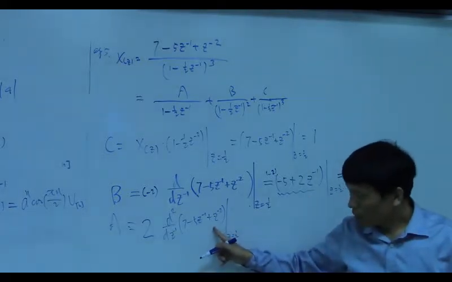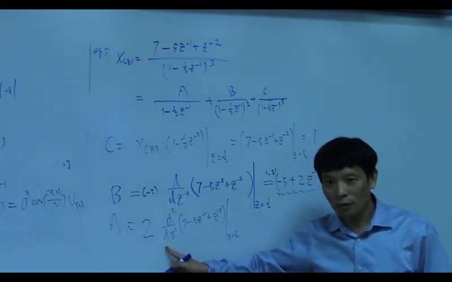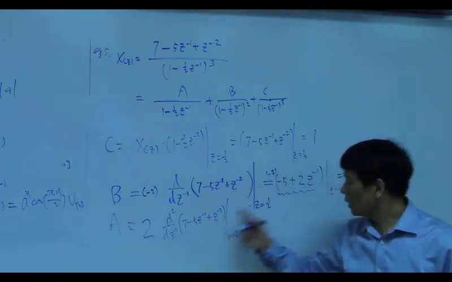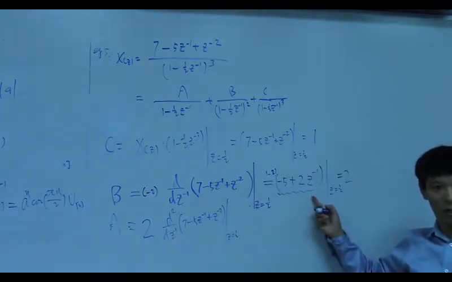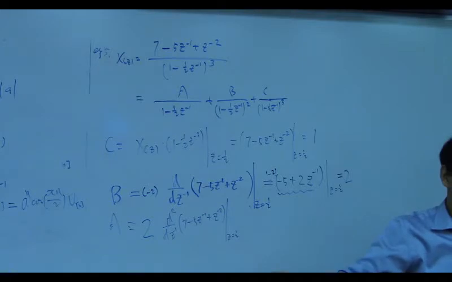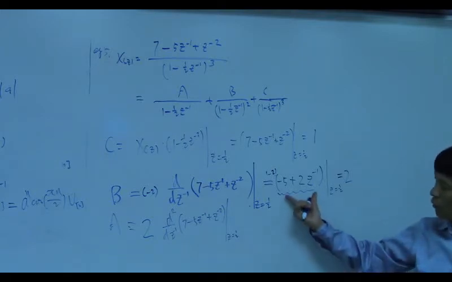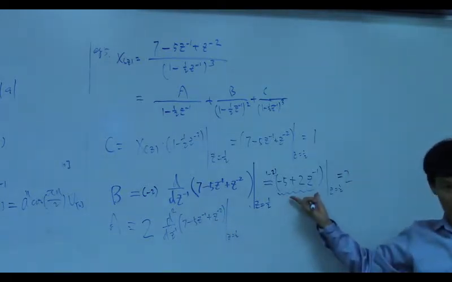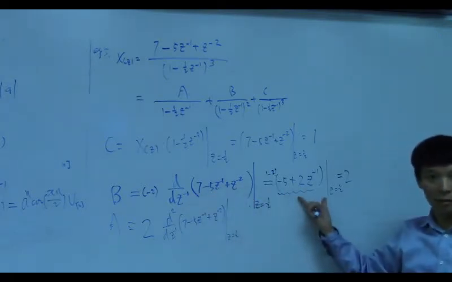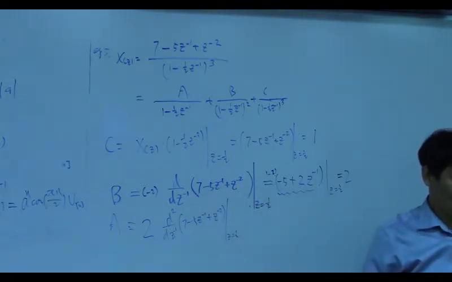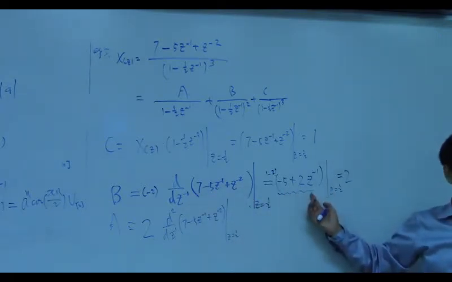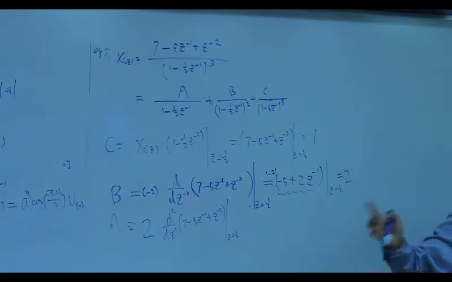Take the differentiation twice: the first time we get this, then take another one. The first differentiation of this is this one, we already did it, right? Then you take another differentiation with respect to z^-1.